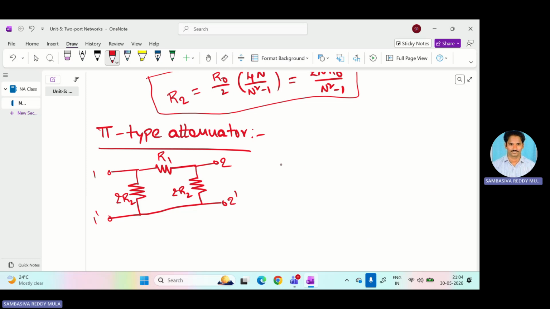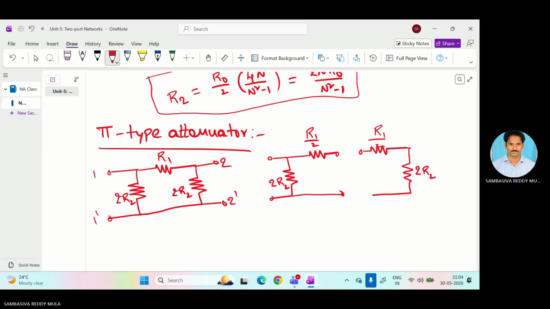Now, if you bisect this pi-type attenuator, the 2R2 remains 2R2 only. This R1 is divided into R1 by 2 in one bisected network, and in the other bisected network this is R1 by 2. This is the bisected network.